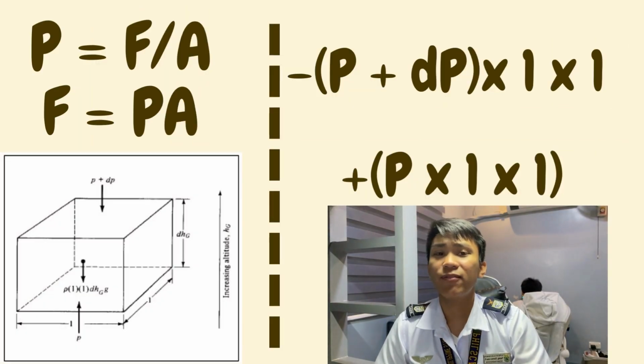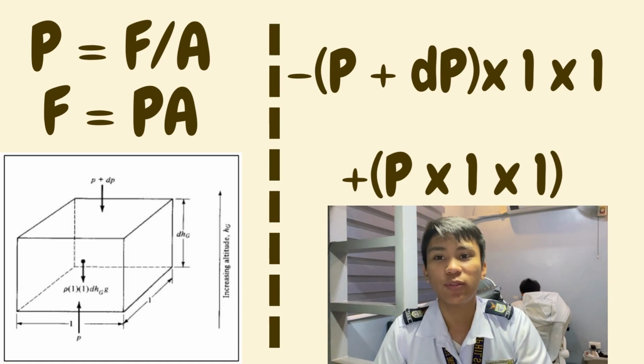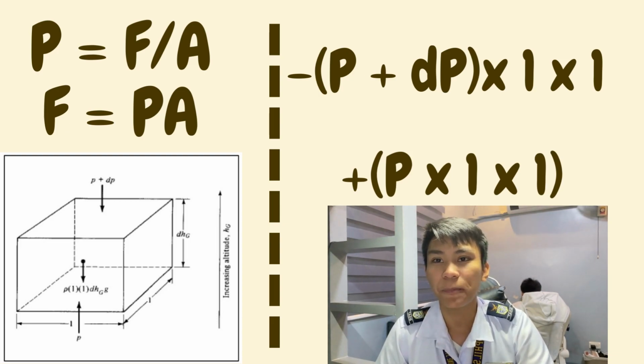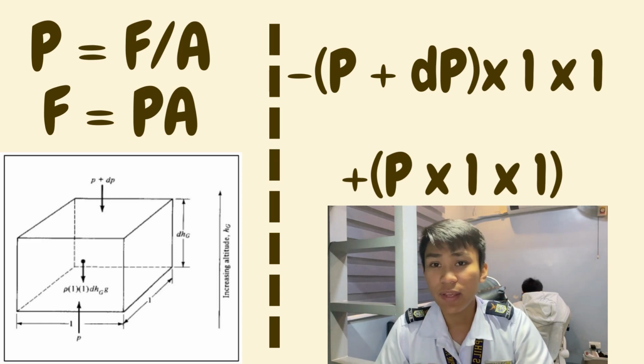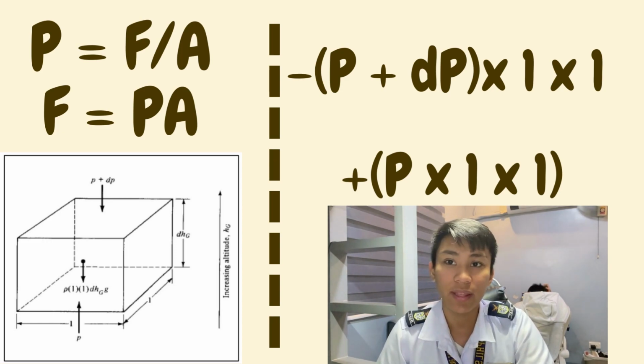So, be mindful that pressure is equal to force per unit area. If you derive it, we can say that force is the product of pressure and area. So, sa figure, hanapin natin yung force ng top, bottom, and weight ng box.